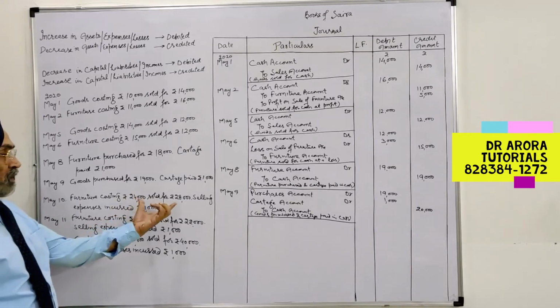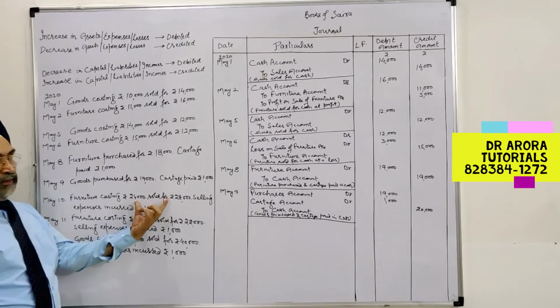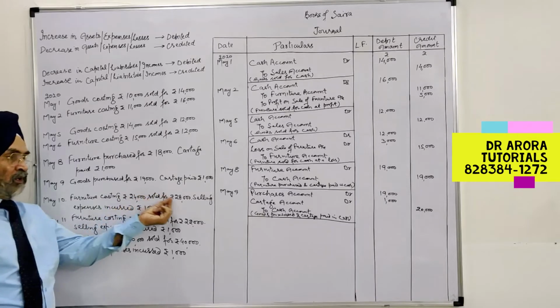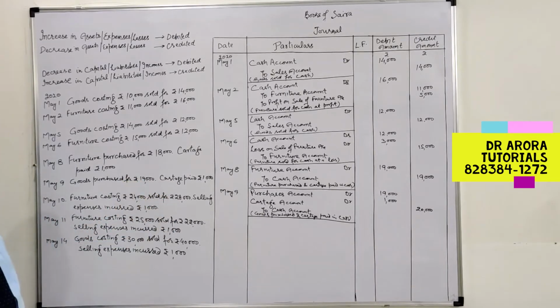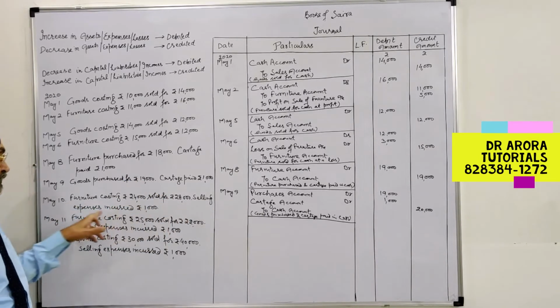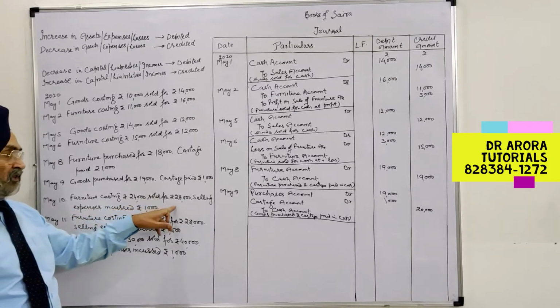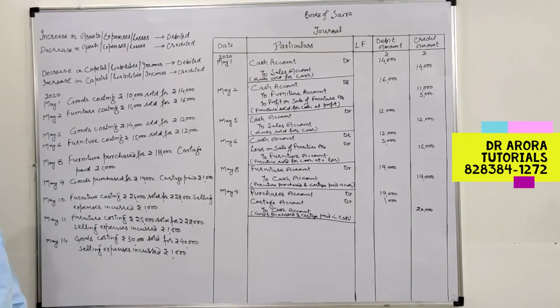There is a profit of 4,000. Costing 24,000, sold for 28,000. But selling expenses are incurred in connection with the sale, rupees 1,000.